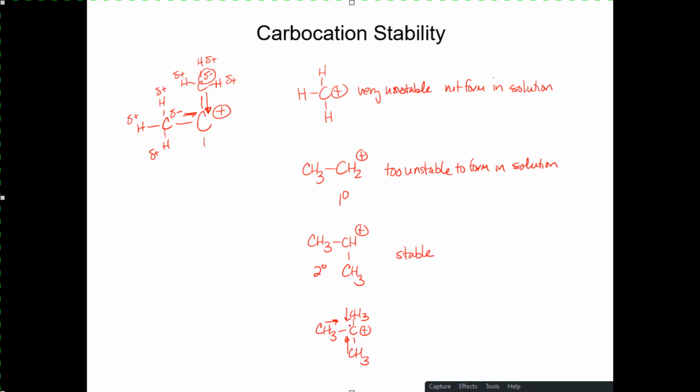So that's going to give you the maximum amount of electron density that you can add to that carbon. So that's going to be more stable. So in terms of forming the carbocations, tertiary carbocations are more stable than secondaries, which are infinitely more stable than primaries, to the point that we don't draw primary carbocations in solution.